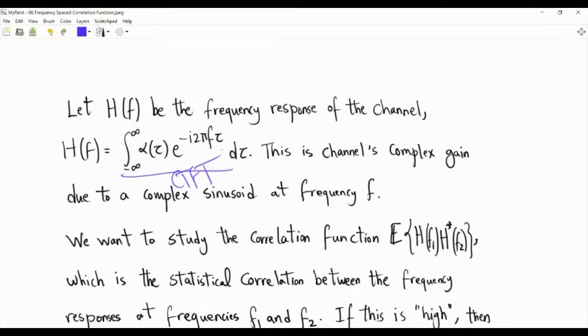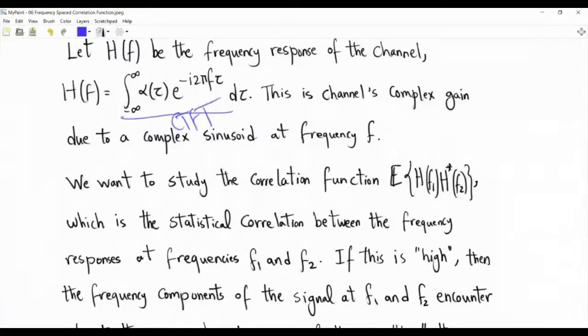We are interested in studying the following correlation function. If you take the Fourier transform of alpha of tau, so alpha of tau is like the impulse response, and its Fourier transform is the frequency response, and so it's the response to sinusoidal inputs, and we are interested in studying the correlation between the frequency response at the frequency f1 and at another frequency f2.